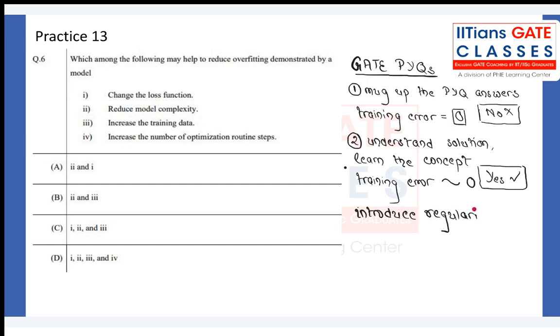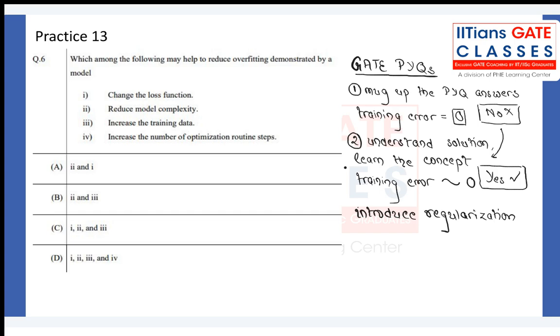I'll try to penalize the student by introducing some twist questions, some random questions, and that way the student will realize that even if I mug this, he will ask another, and that's not the right way. So he or she will be bound to transition to the second category.